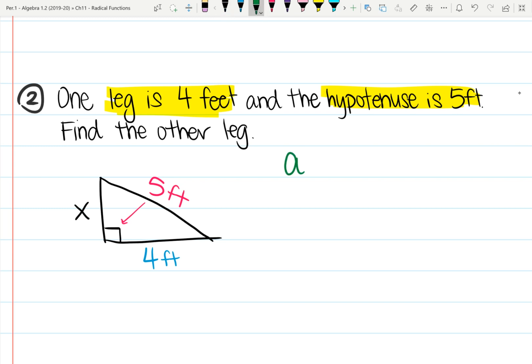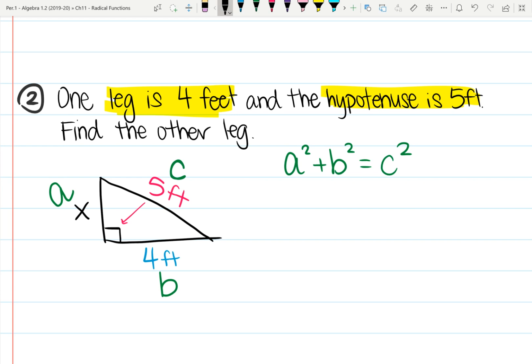I need a squared plus b squared equals c squared. So remember, the legs are a and b, and the hypotenuse is always c.